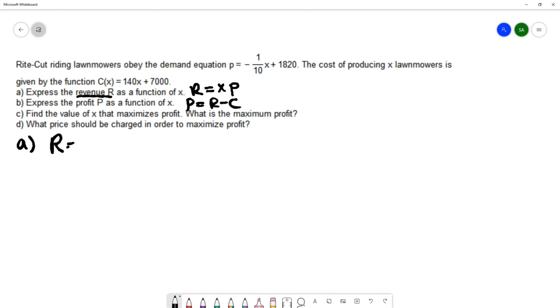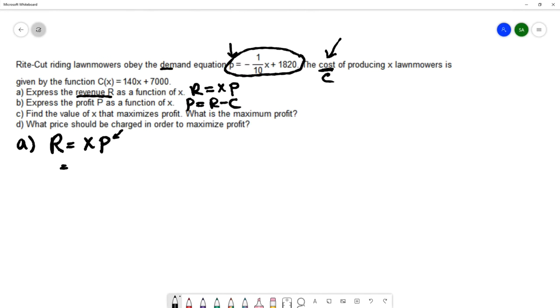So we have that formula. Revenue is x times P, and we were given this demand equation, in which P is the same P that is in this revenue formula, the P for price. The cost of producing x lawnmowers. Oh, sorry, that's not right. That's a cost for later.